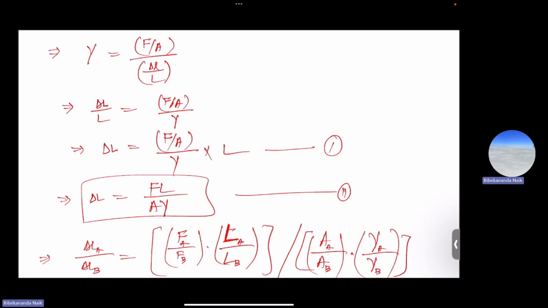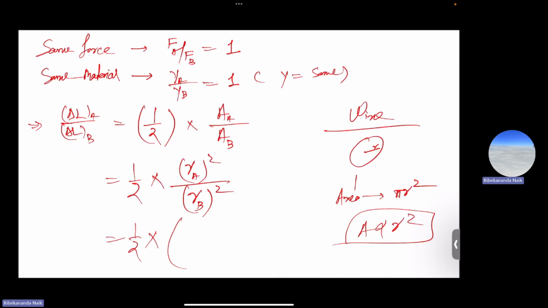So if the diameter is 4 is to 1, the radius is also 4 is to 1. So one minute here. It is divided by A, so it is not into, it is divided by.